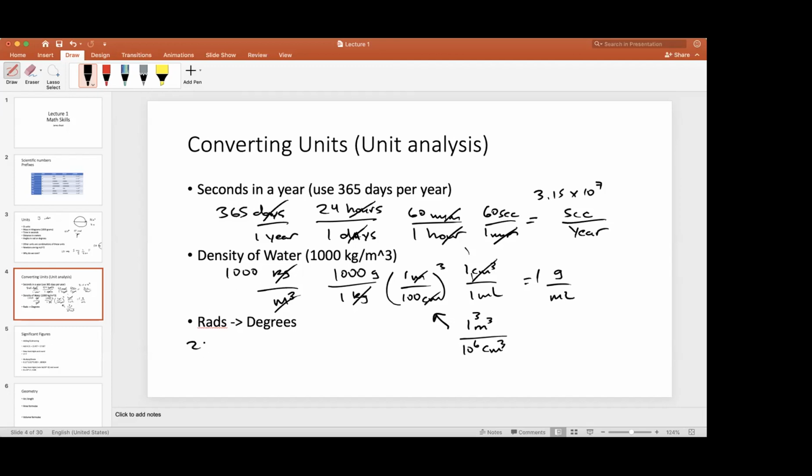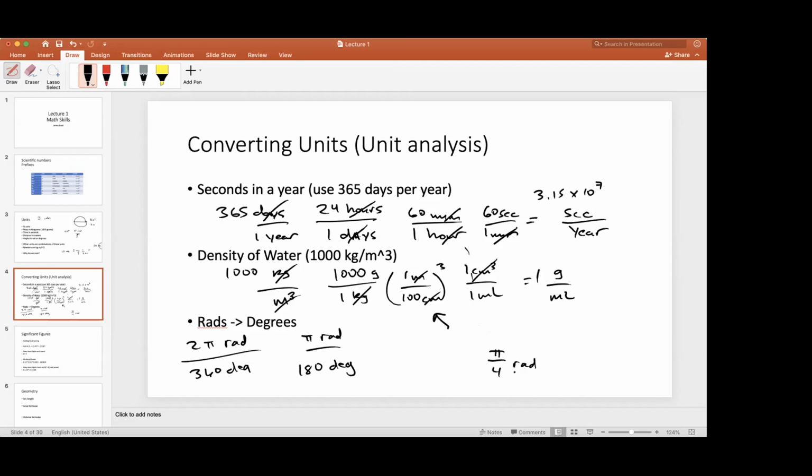The final unit analysis type deal that I want to show you that's also useful is because you know there are 2 pi rad in 360 degrees, okay? You then also know that there are pi rad in 180 degrees. Now, if you want to convert to radians or degrees, so let's say that we have pi over 4 radians, right?